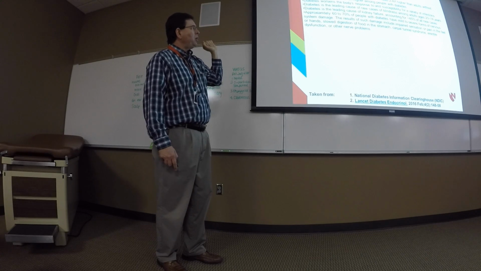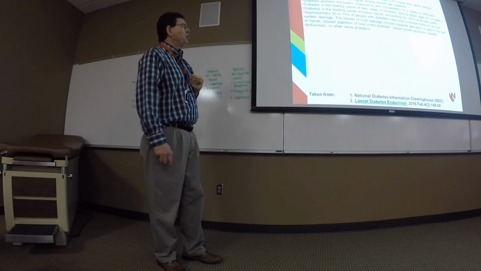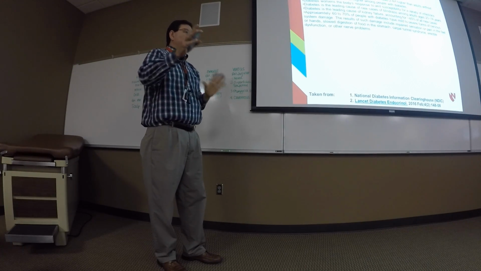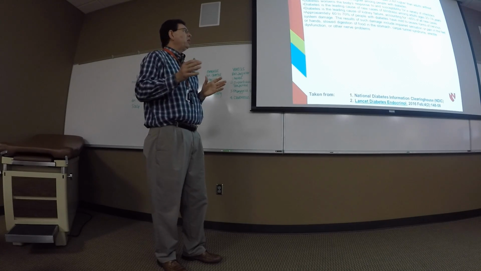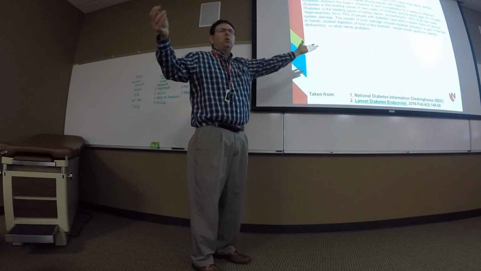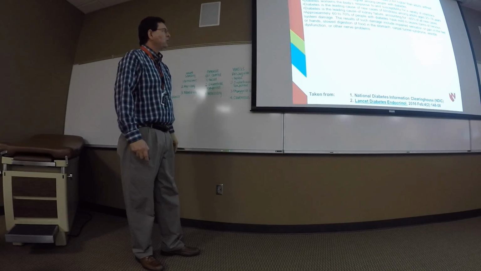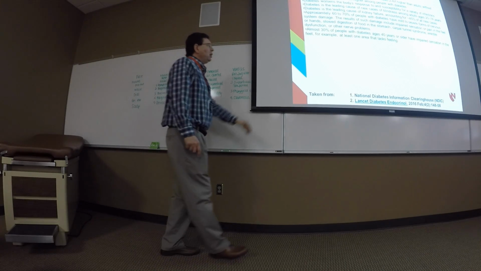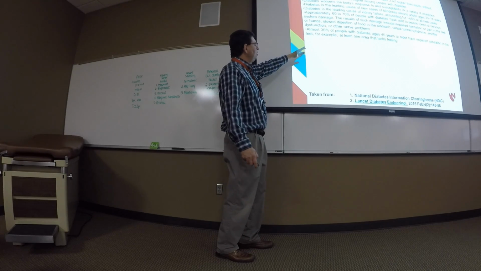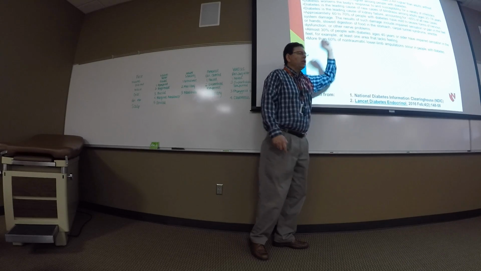60 to 70% of people with diabetes have some form of nerve damage. And that nerve damage leads to peripheral sensation abnormalities, but it also goes to problems with the stomach, carpal tunnel syndrome, who would have thought that, erectile dysfunction, other nerve problems, and so on and so forth. 30% of people with diabetes 40 years have impaired sensation in one area of the body. 60% of non-traumatic lower limb amputations.